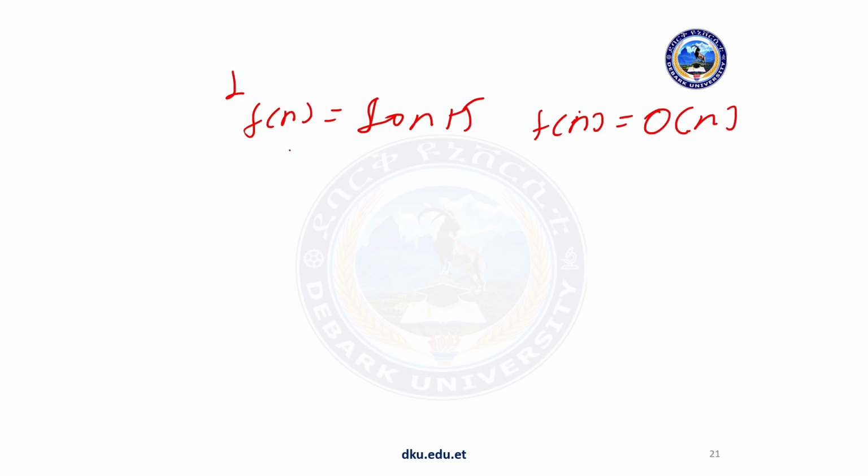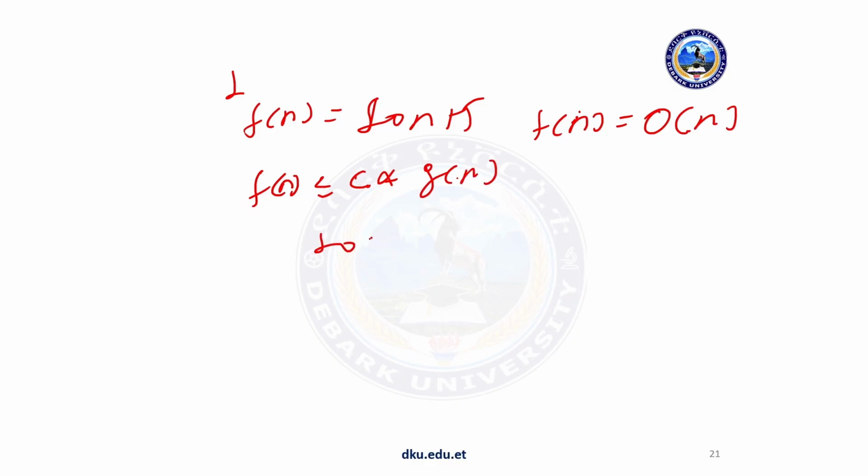To do this, we use the definition of big O notation: f of n is less than or equal to c times g of n.